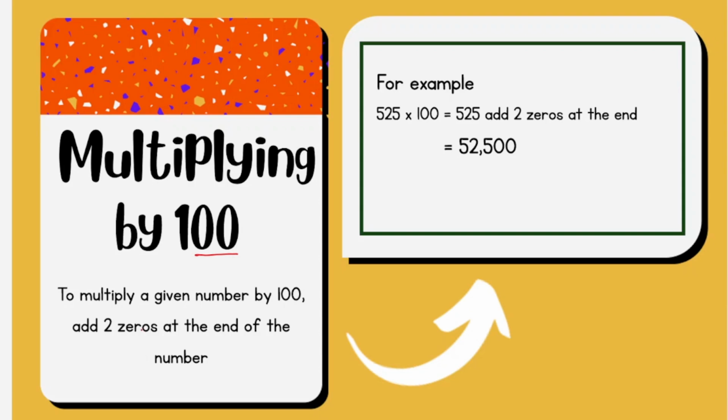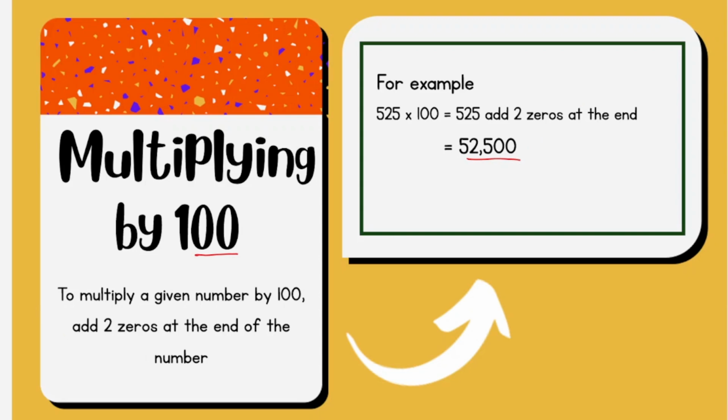Let's take a look at this example here. We have 525 times 100. For 525, we just add two zeros at the end of it, and that's what you can see here. That means we have 52,500 as the answer. I hope this is clear, right?